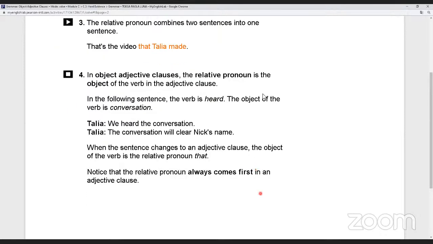We heard the conversation. The conversation will clear Nick's name. The conversation that we heard will clear Nick's name. When the sentence changes to an adjective clause, the object of the verb is the relative pronoun that. Notice that the relative pronoun always comes first in an adjective clause.